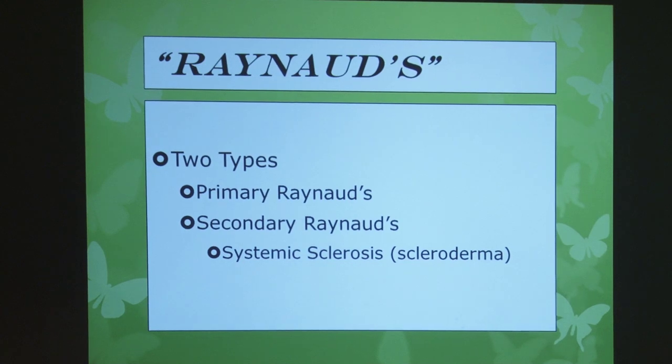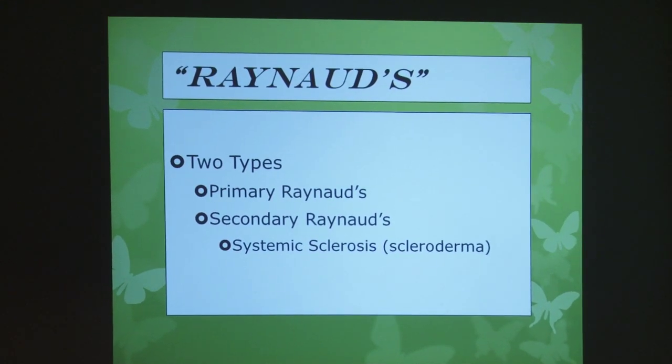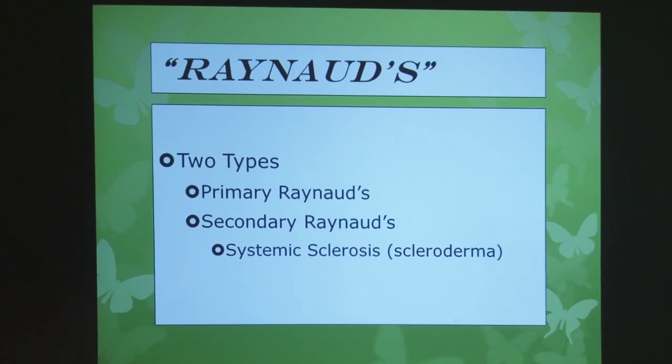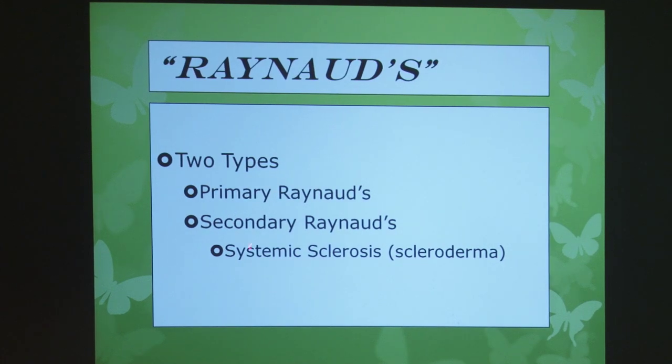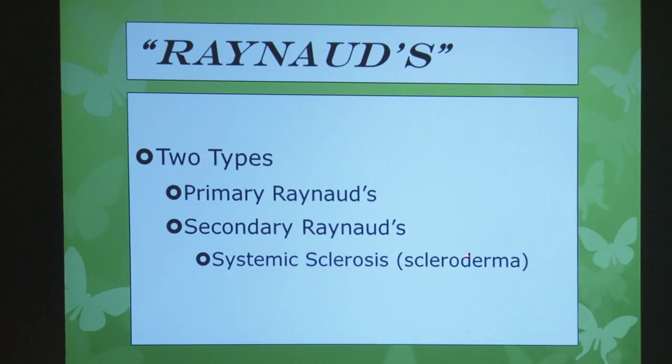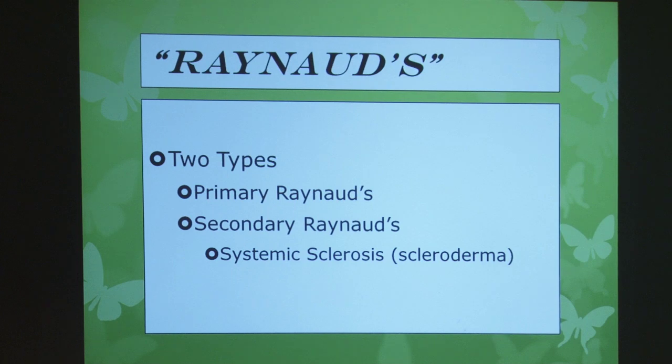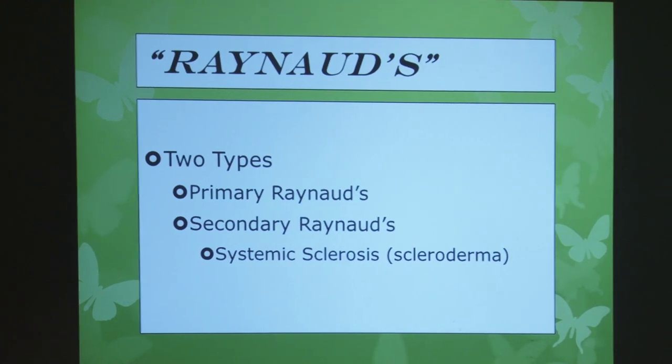So it happens, it's what we call idiopathic. There's no specific cause to it. The other one, secondary Raynaud's, is what we generally refer to as an association with systemic sclerosis, or what we often term scleroderma. But secondary Raynaud's can be related to medications, can be related to frostbite as well.